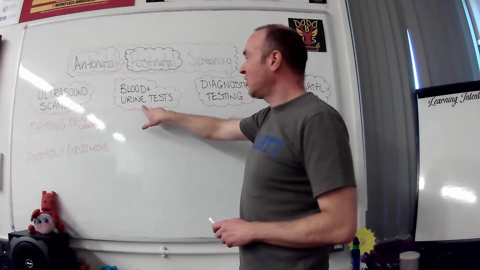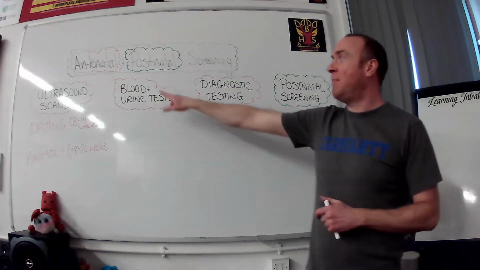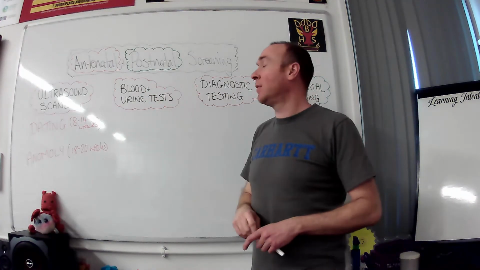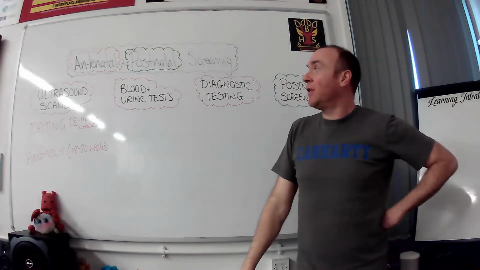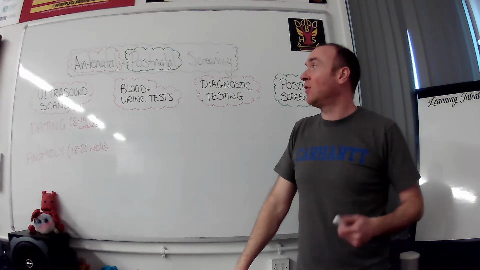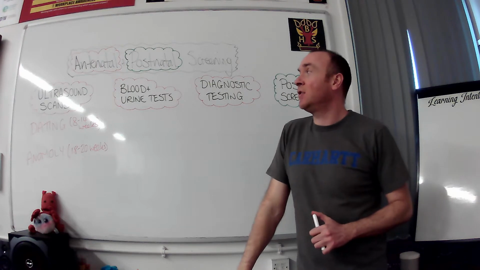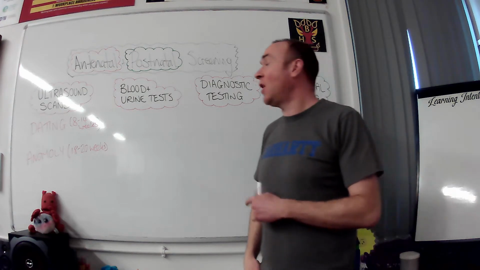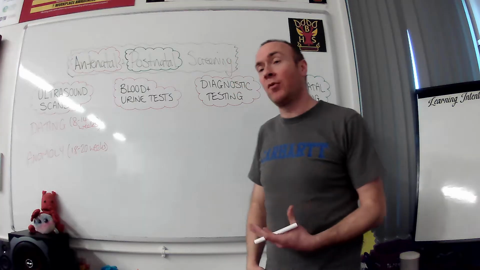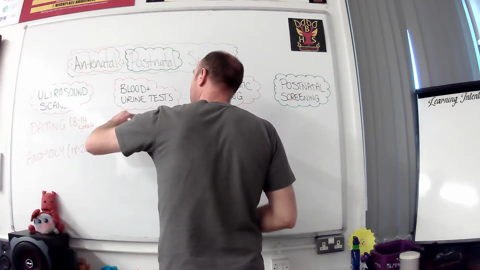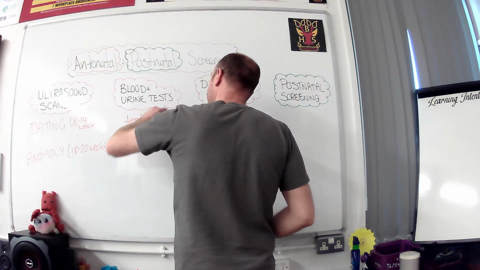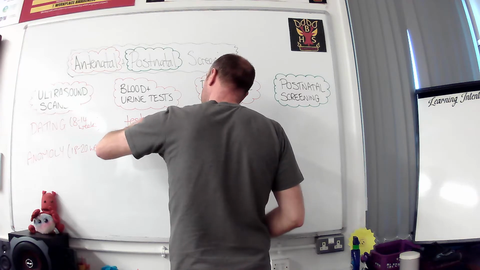Blood and urine tests will basically happen, and it's not the baby's blood and urine, it's the mum's, obviously. So the pregnant woman will give a blood or urine or both sample pretty much every time that she visits the hospital, and they'll be doing that test for all sorts of marker proteins.